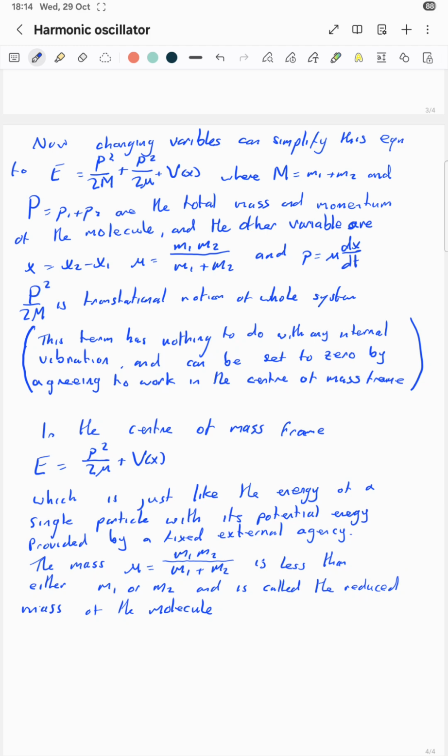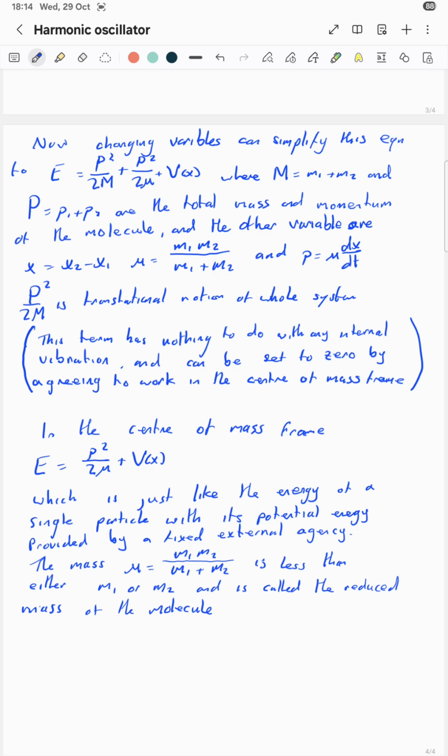We have E equals P squared over 2M plus p squared over 2 mu plus V of x, where M equals mass 1 plus mass 2, and the uppercase P equals p1 plus p2, and these are the total mass and momentum of the molecule.